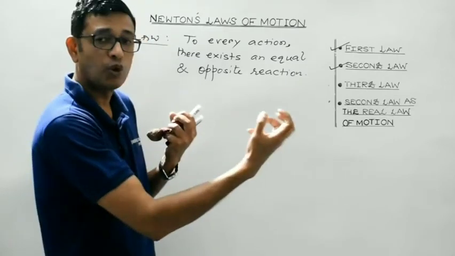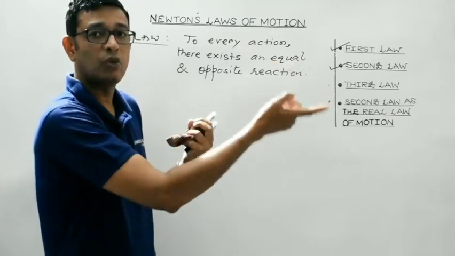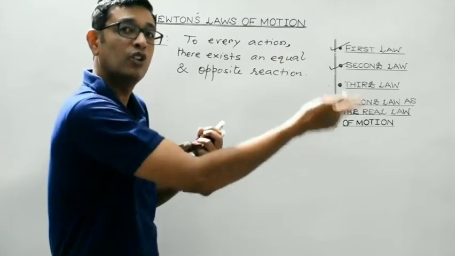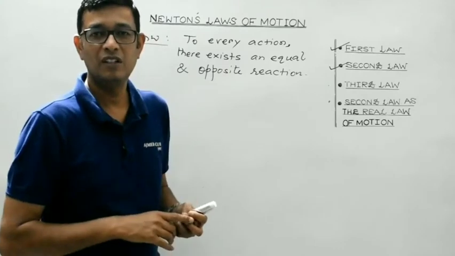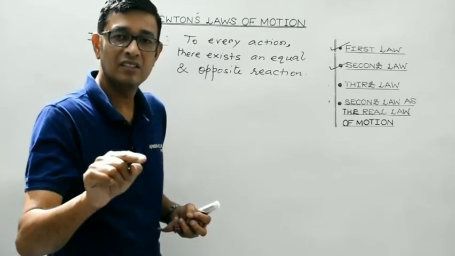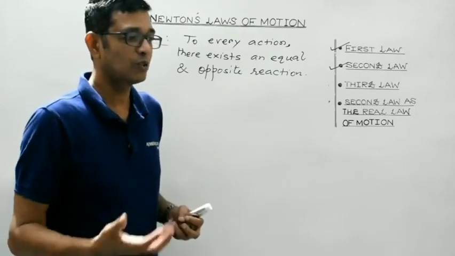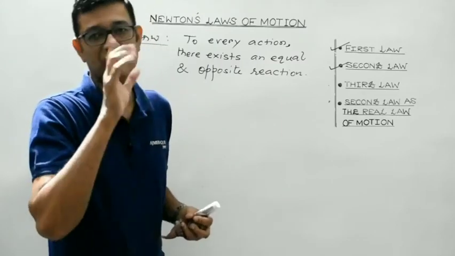So, whenever two bodies interact with each other, the force exerted by this body on the other body would be exactly equal and opposite to the force exerted by the other body on the first body. So, that's the action-reaction concept. To each and every action, there always exists an equal and opposite reaction, and that is possible only when the forces exist in pairs.